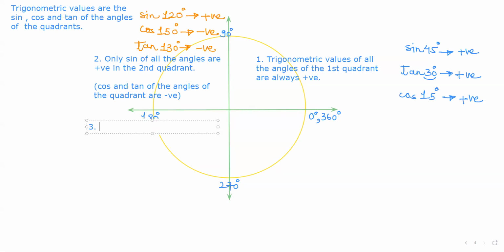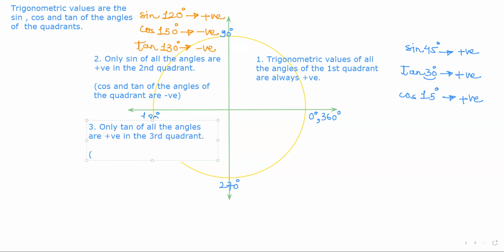Third. Only tan of all the angles are positive in the third quadrant. Okay?